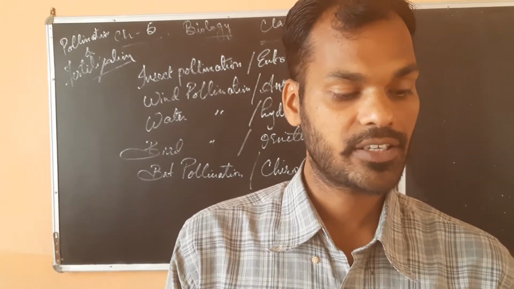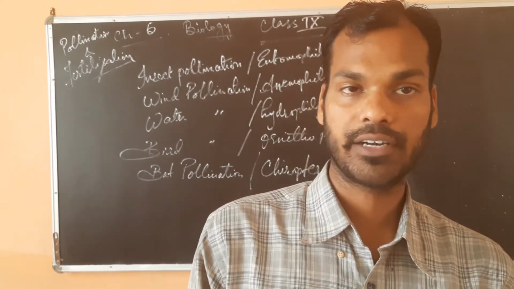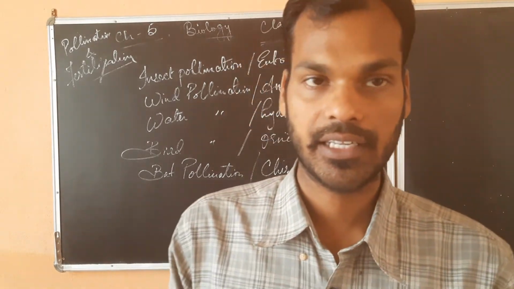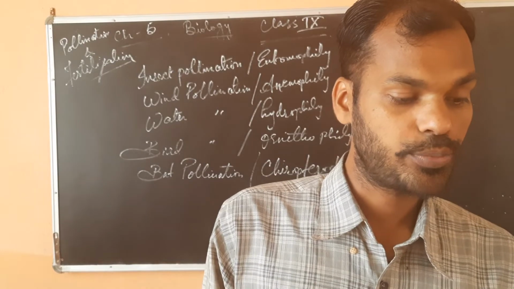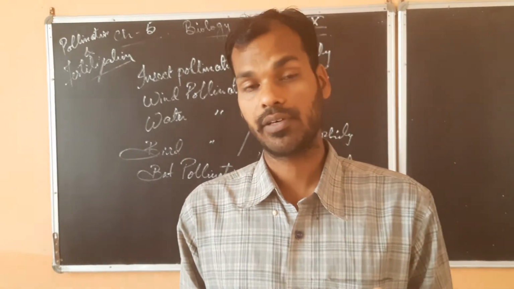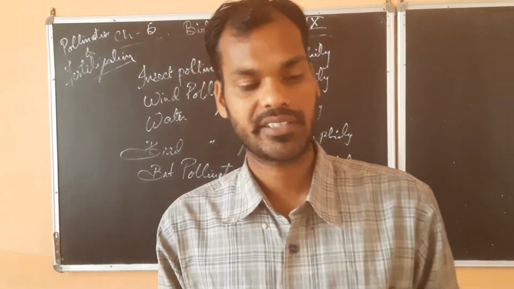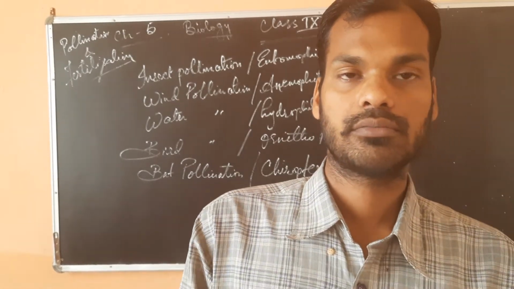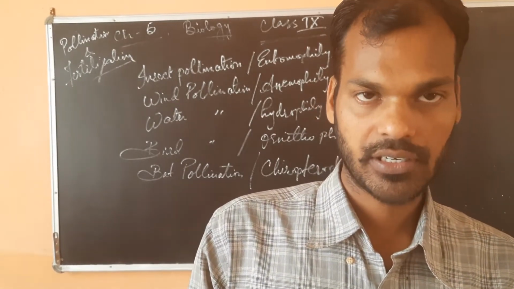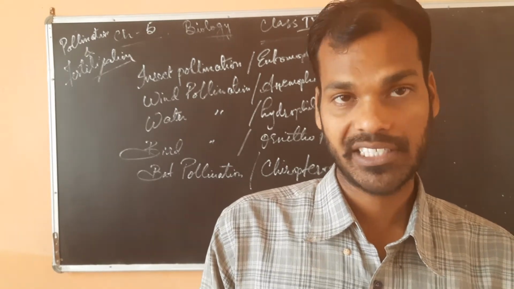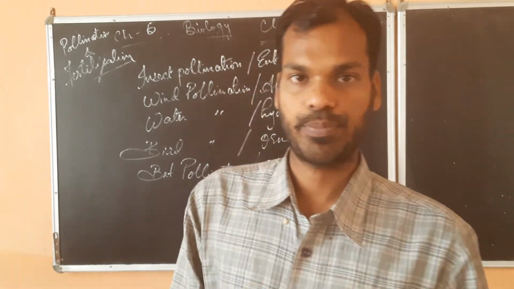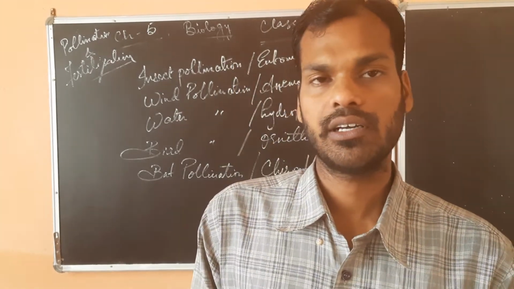In the case of maize, the male flower, that is the tassel, and the female flower, the cobs, are laterally at lower levels. So these are some of the characteristics by which we can pursue cross pollination, and the advantages of cross pollination are also there. These are the different aspects necessary for pollination.